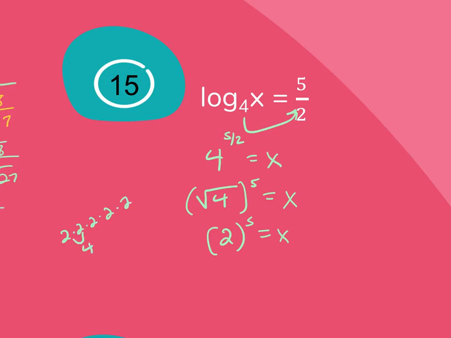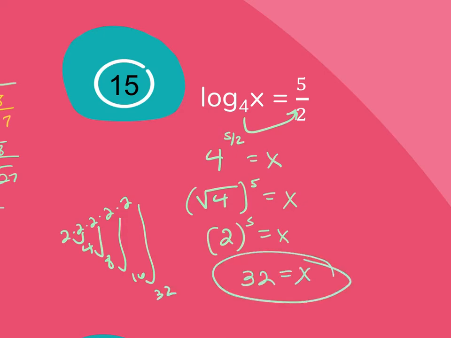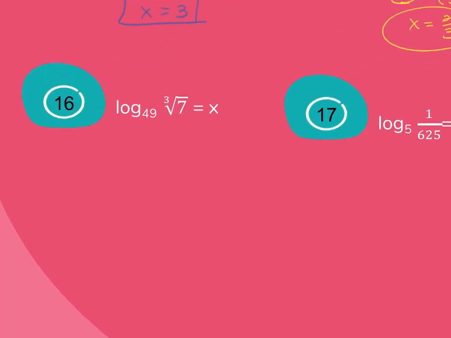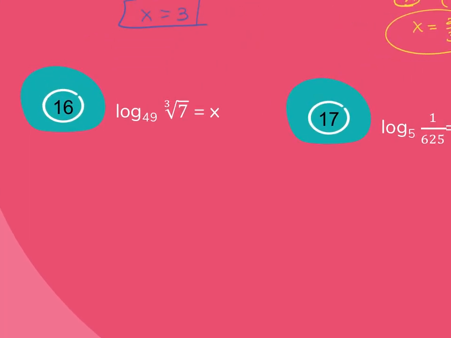This is 4. This is 8. This is 16. 32. 49 picks up the x, so 49 to the x equals the cube root of 7.